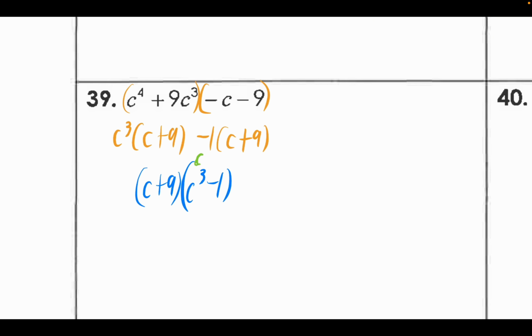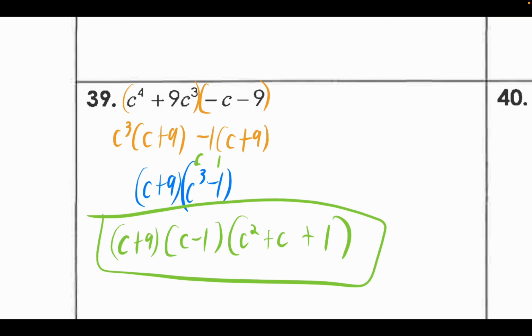C cubed is c cubed, and 1 cubed is 1. So the first c plus 9 remains unchanged. And then now we factor this into a binomial and a trinomial following our rule, where c is our a, 1 is our b. And we have c minus 1, c squared, plus 1 times c, which is c, plus 1 squared, which is 1. And that would be our answer.